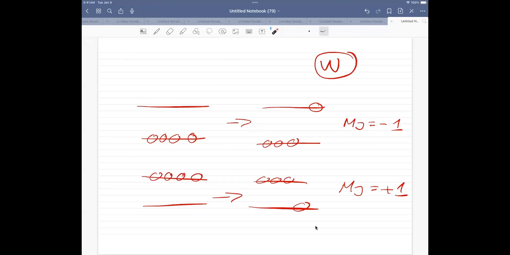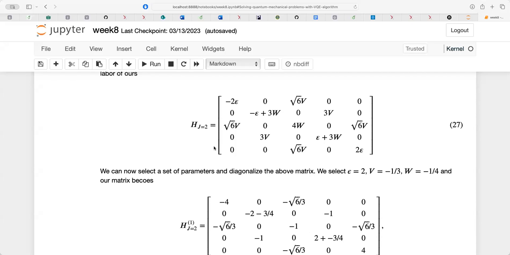So feel free to take a look at it, because the final matrix which we end up with is going to look like the one you see here. This is a final matrix, but we are going to make life a little bit simpler. So we are going to put this W equal to 0. And this W is the one which makes a one particle, one hole excitation physically.